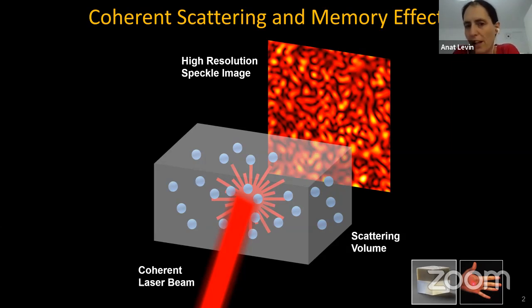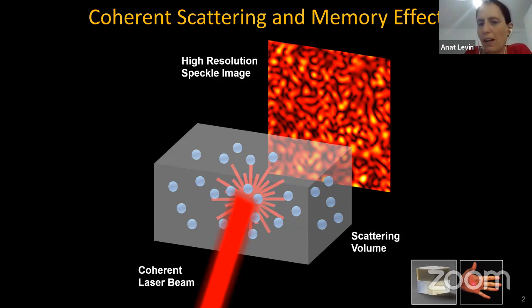Each path has a different length, and therefore a different phase. Remember, this is a coherent illumination, and these phases sum up on the sensor, so we end up summing random numbers with different phases. Sometimes they interfere coherently, and then you get high intensity. Sometimes they interfere destructively, and then you get low intensity, and effectively you get some kind of noise pattern.